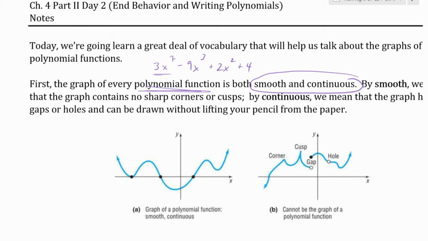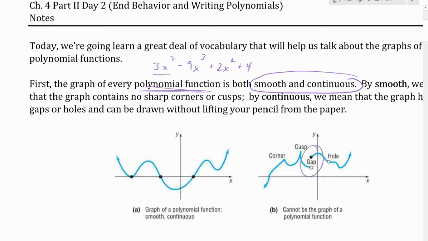Well, actually, I probably shouldn't say gaps. That's more continuous. But smooth is just a nice smooth curve. You're not going to have anything where it comes to a corner type deal. Okay. The continuous part, there's not going to be any gaps.